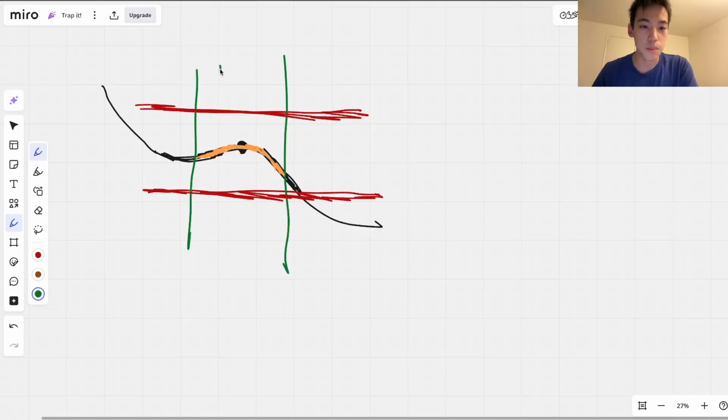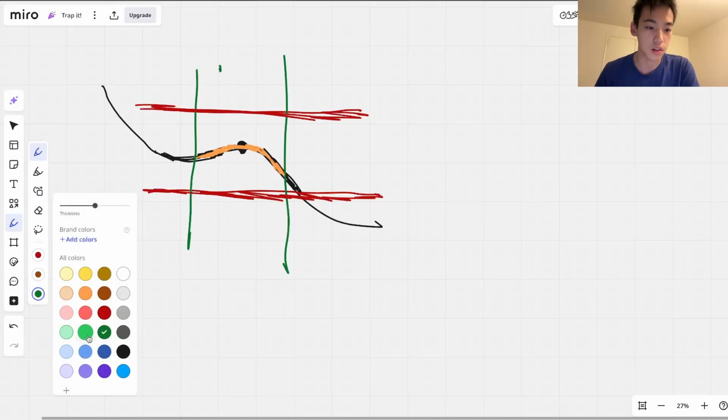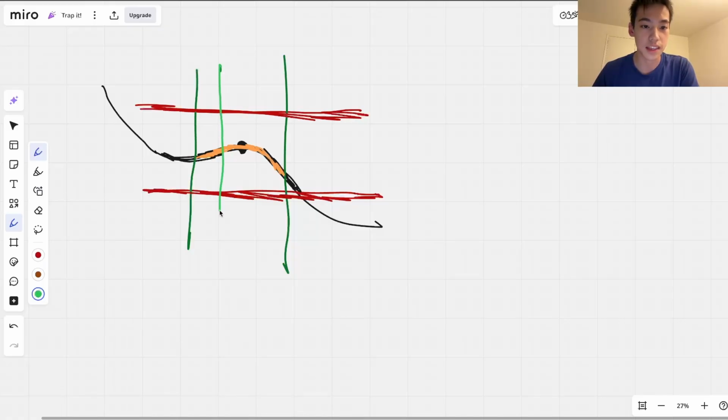And I'm just going to draw it in another color, another green. We can make it even smaller like that. And we can still see that the function itself is bounded by the green interval that we just drew over here. So we can just make this smaller and smaller.